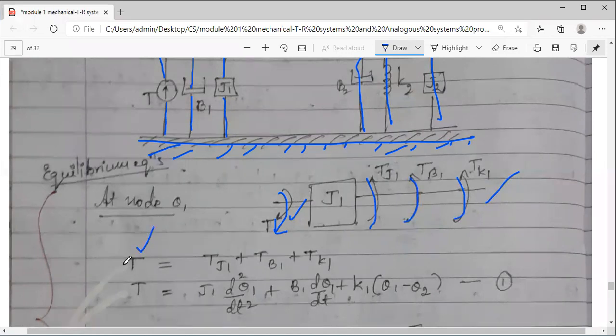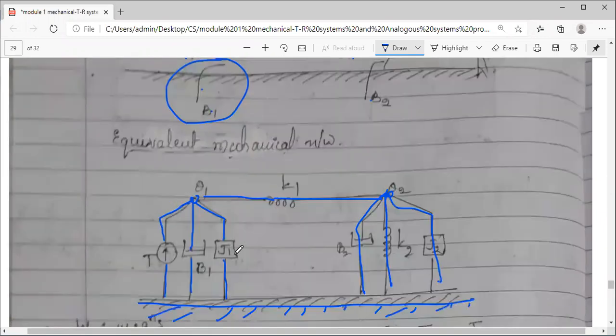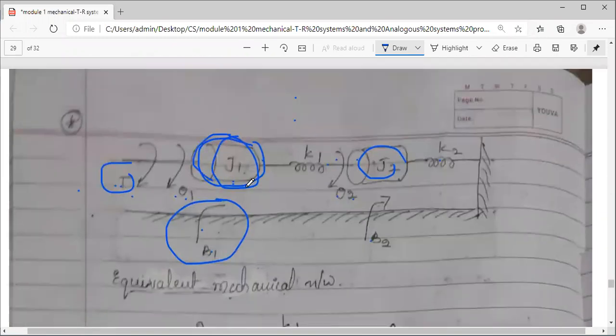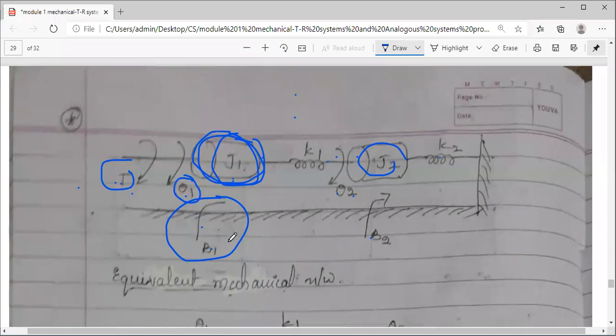And if the total applied torque is T, the sum of the opposing torques will be equal to T. And what is TJ1? You know how to write the equation for this moment of inertia. J1 d by dt square of, why is it theta 1 I have considered? It is theta 1 because this J1, this element is purely for theta 1 displacement.